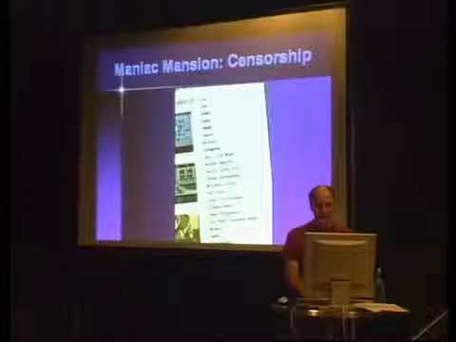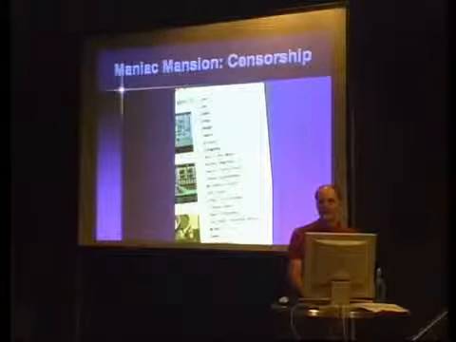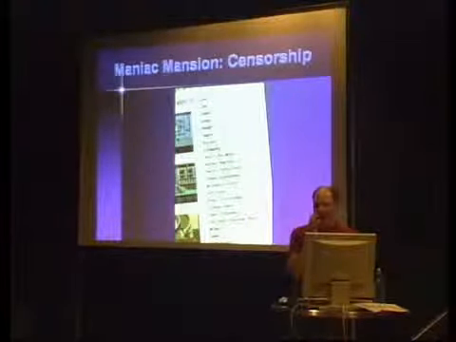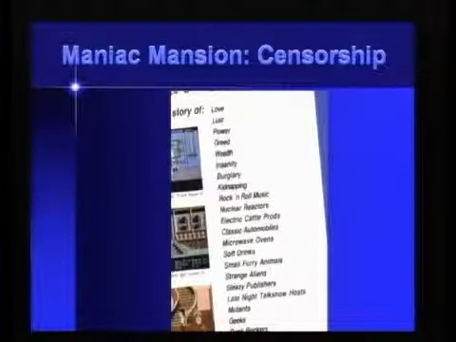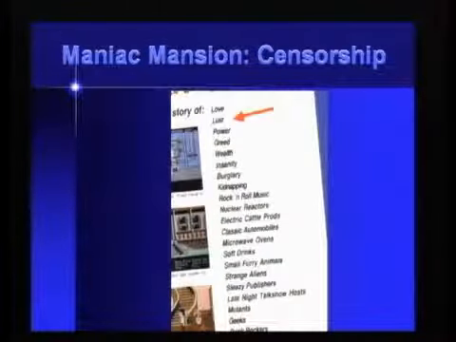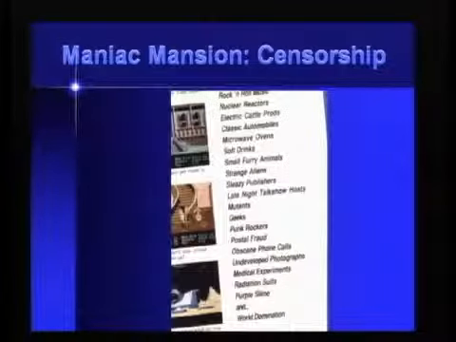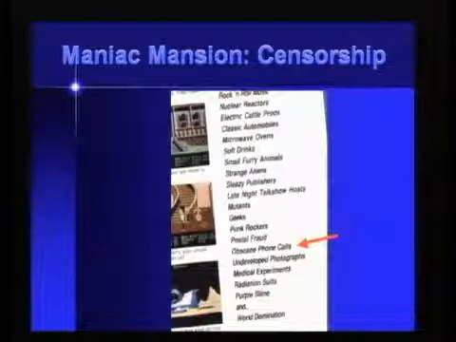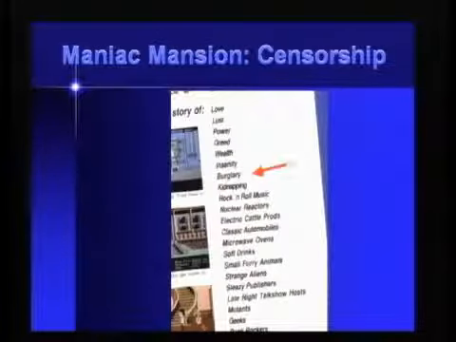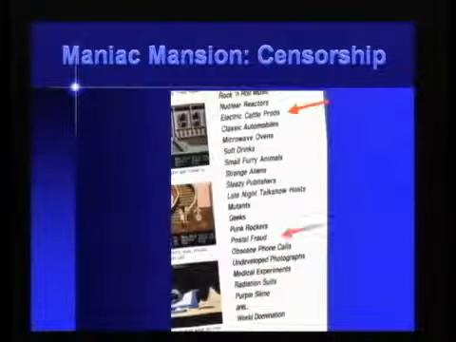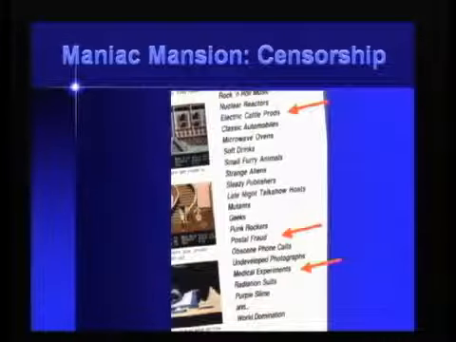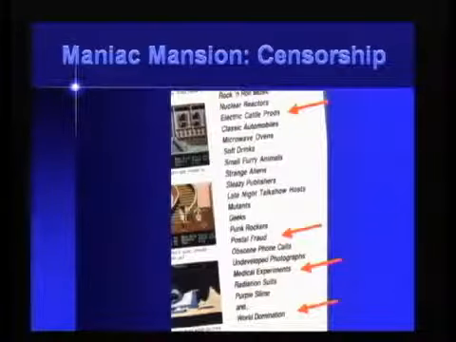One was censorship. There's a chain of stores in the United States, I think it was Kmart, which had a huge order in, but they wouldn't take the games because certain words appeared on the box, like lust, obscene phone calls, but they didn't mind things like burglary, kidnapping, electric cattle prods, postal fraud, medical experiments, or world domination.